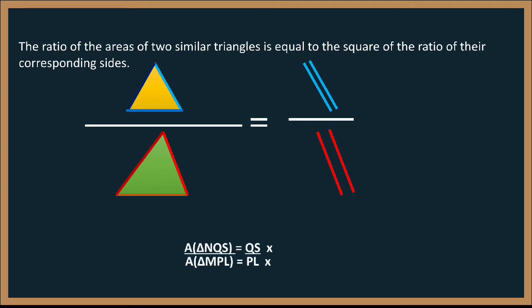Technically, how you would write it is: NQS represents the area of the yellow triangle, MPL represents the area of the green triangle, is equal to one line of blue color representing QS and the red line representing PL, square of that. So this is the theorem, what exactly it is trying to tell us. Let us now try in the next section and prove this.